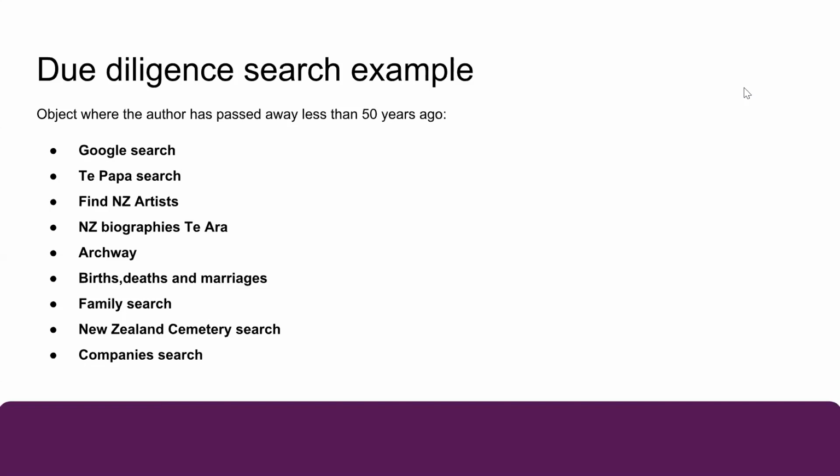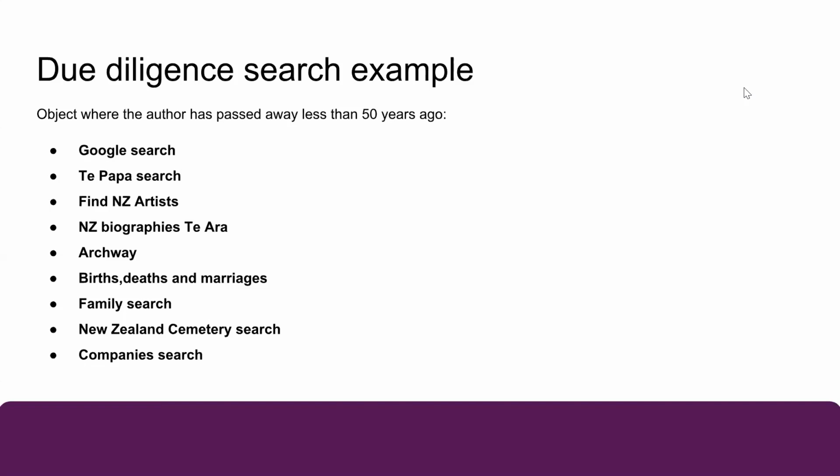There's also a really good website that a family history researcher has put together, and it's a New Zealand cemetery searcher. It's a website with all the cemetery searches on one page, so you're able to search what cemeteries and what location quite easily.